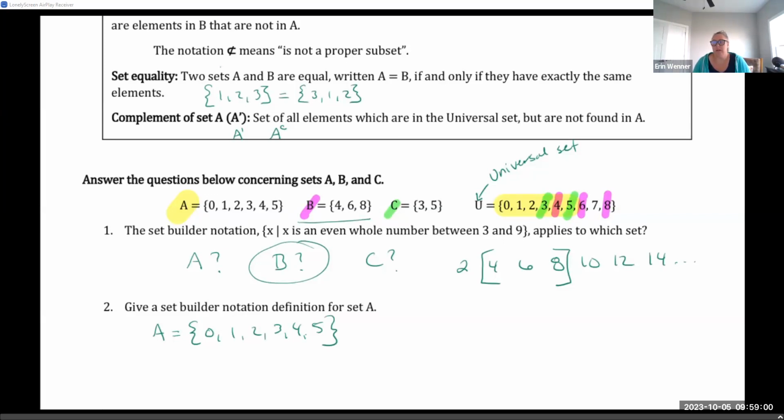So again, you're just sending me a message to write out verbally how you would describe it. Just tell me how you would describe set A.